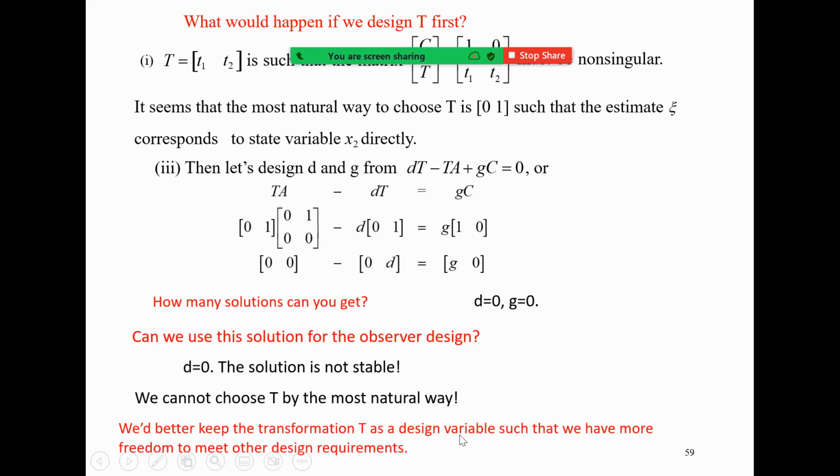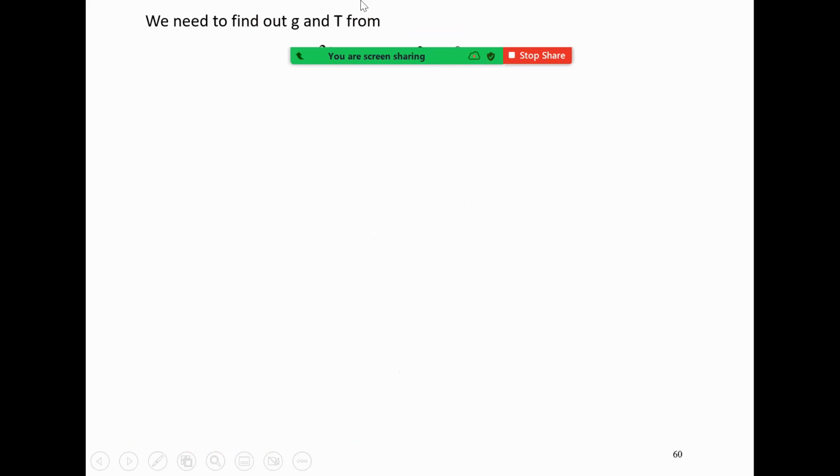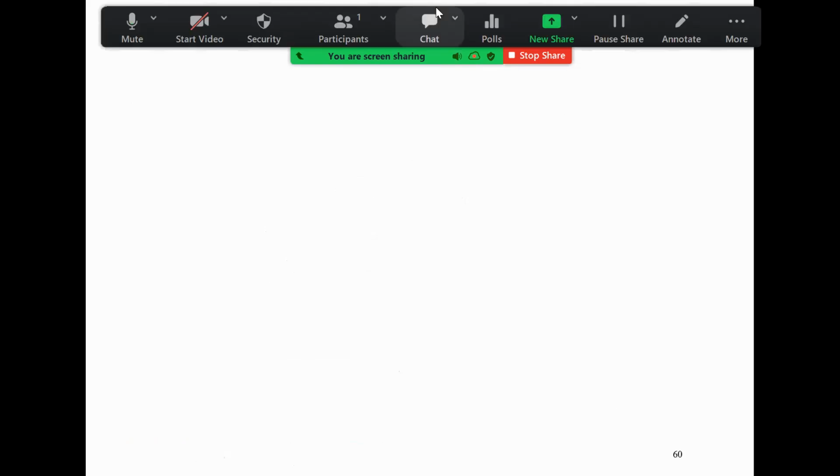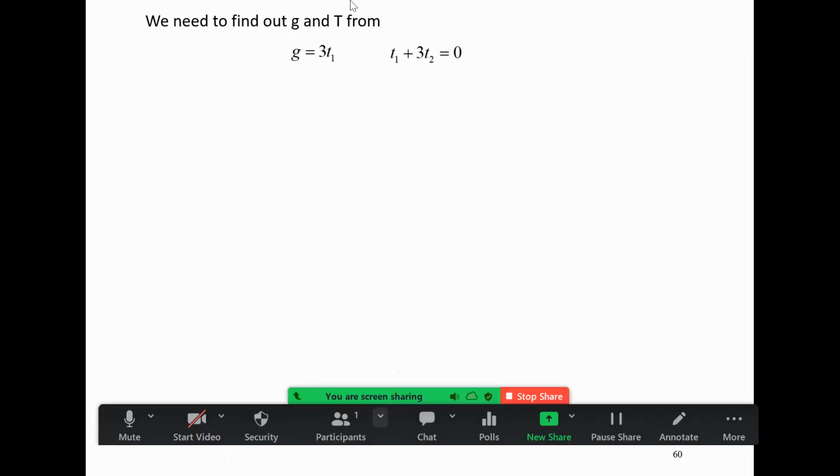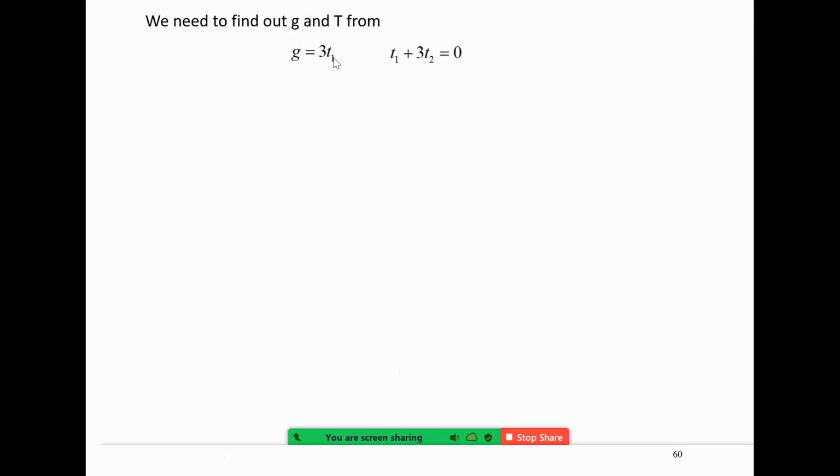So that is the very important lesson: we have to design T. Actually, that gives us the freedom to meet the equation. Now let's go back to the original two equations we have. If we don't fix T, then we have two equations, but we have 3 design variables.